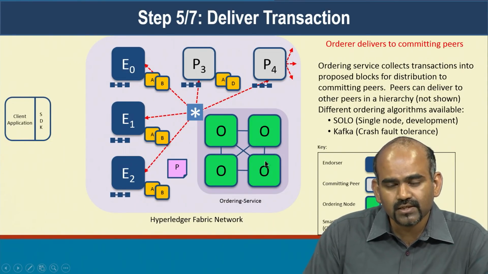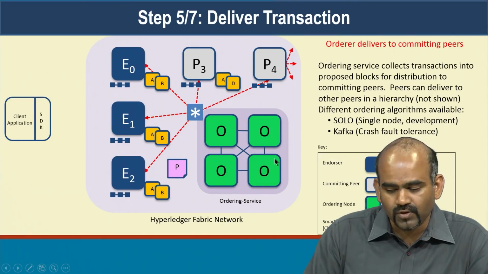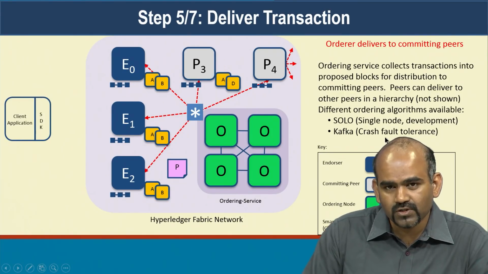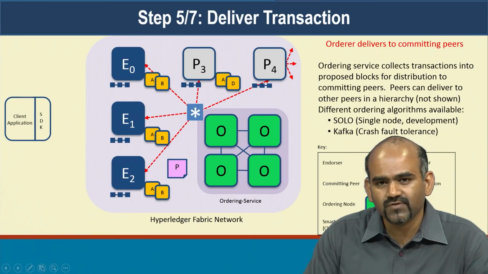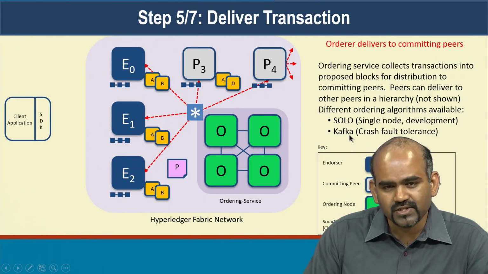Even with certain failures amongst these ordering service nodes, you can still achieve consistent order across all the nodes. Right? So that is a crash fault tolerant algorithm. Typically it will say that as long as not more than 50% of the nodes have failed, I can achieve consensus. Actually with Kafka, it will ensure that even if one node is surviving out of the entire network, we can still ensure that ordering is maintained.